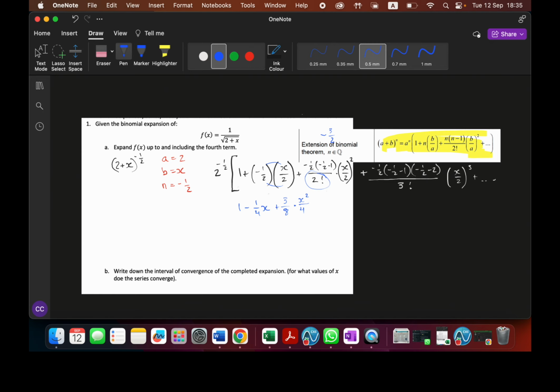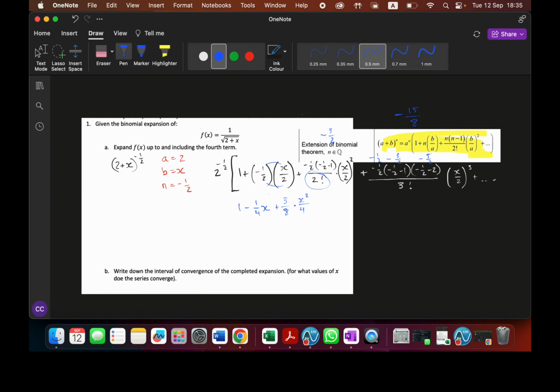And this next one, we already know that this is negative 3/2. This would be negative 5/2. So negative 1/2 times negative 3/2 is positive 3/4, times negative 5/2 would be negative 15/8.